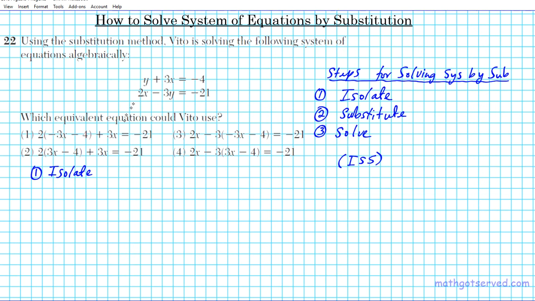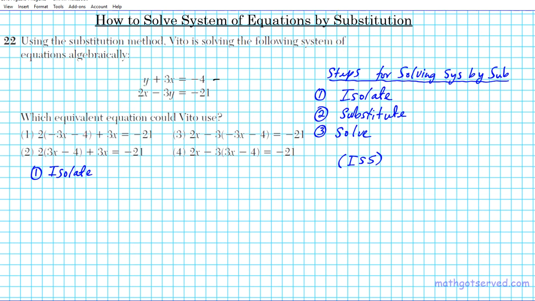When you have a coefficient that's not 1, you have to divide. That's a division step. But when you have a coefficient of 1, that variable is the easiest because you do not have a division step associated with it.